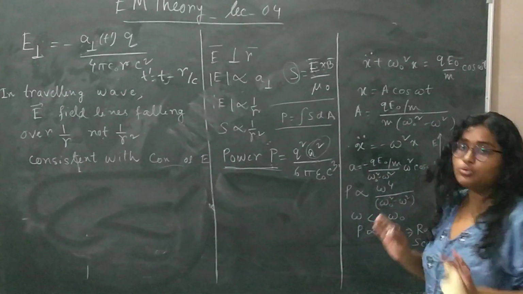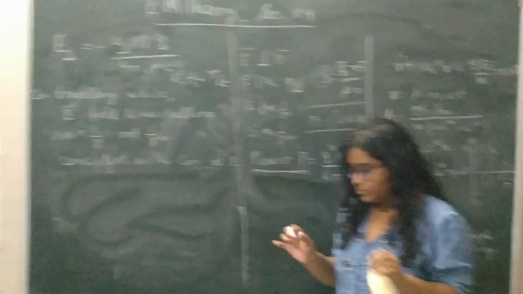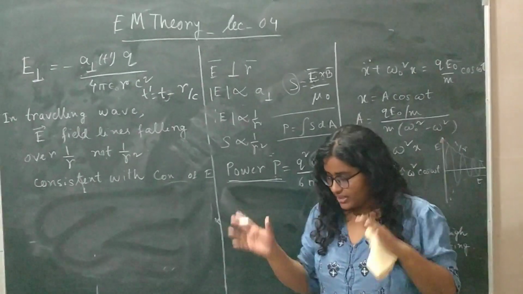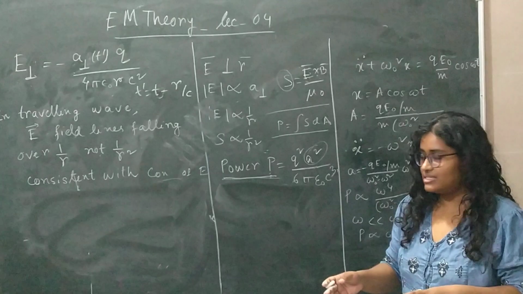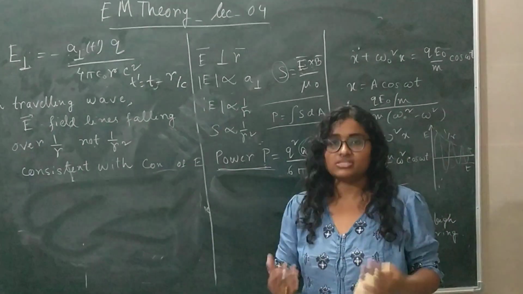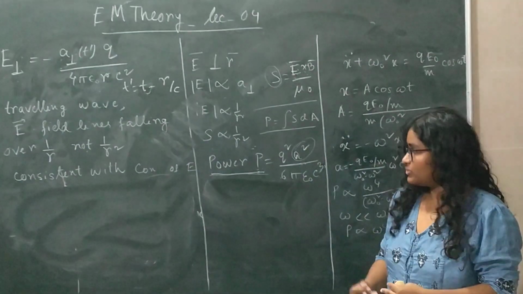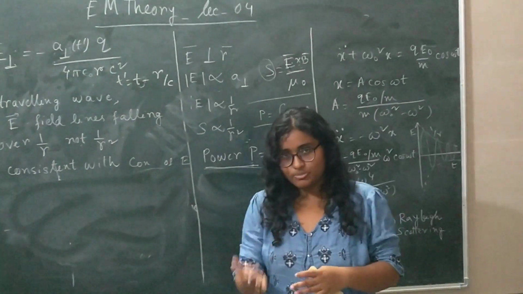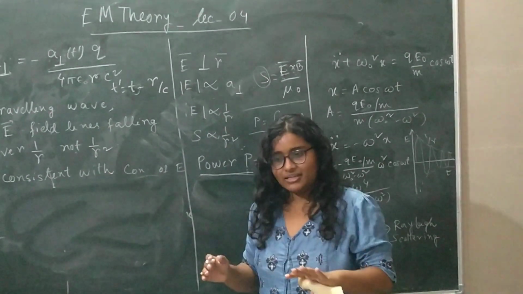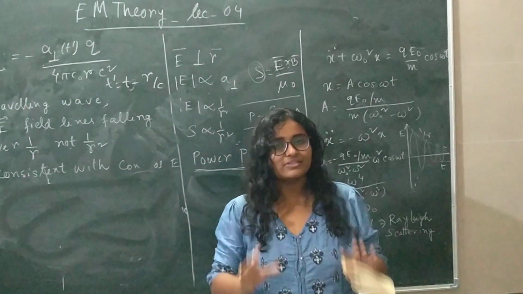Now you have a basic question: how do we accelerate the charge? You are telling me that accelerated charges generate electromagnetic waves, but how do you accelerate charges? I will answer that we can accelerate charges by the application of an electromagnetic field. Although it sounds funny, it is quite physical.